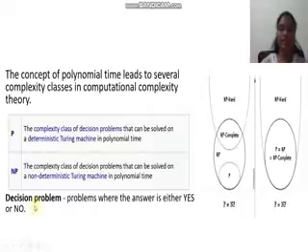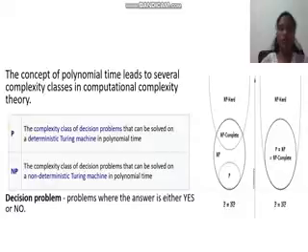The P class is the complexity class of decision problems that can be solved on a deterministic Turing machine in polynomial time. A decision problem is nothing but a problem where the answer would be either yes or no.